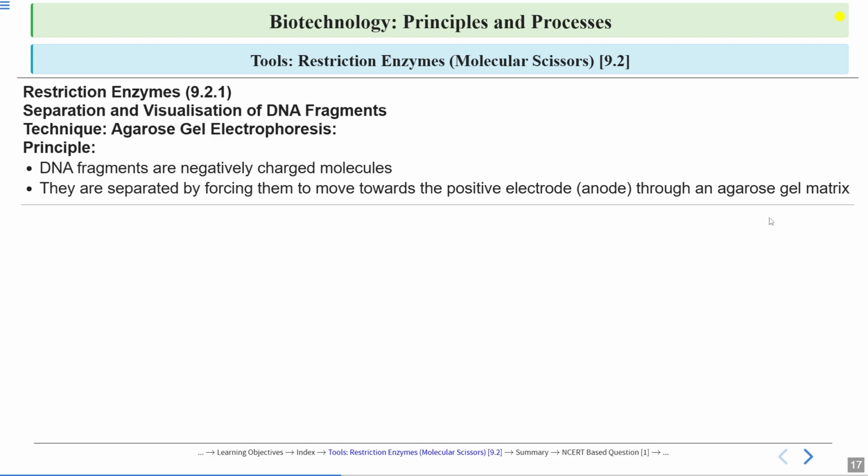You will get to know it better in the next slide when you see the diagram. Here is one trick you can learn: negative ions are anions, and anions move towards the anode, A and A, because the anode is the positive electrode. Remember it. And DNA is negatively charged because it has the phosphate group.